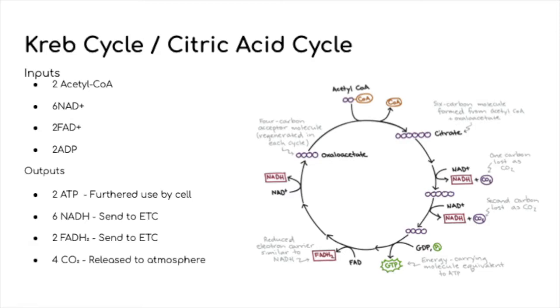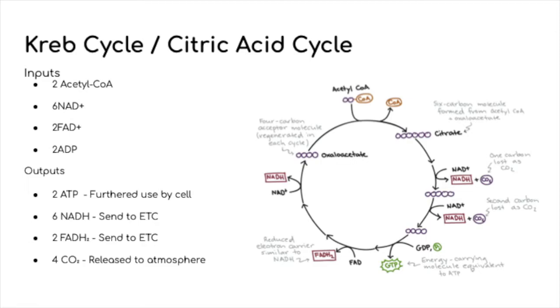For the inputs of the Krebs cycle, there are 2 acetyl-CoA, 6 NAD+, 2 FAD, and 2 ADP. And for the outputs of the Krebs cycle, there are 2 ATP, 6 NADH, 2 FADH2, and 4 carbon dioxide.